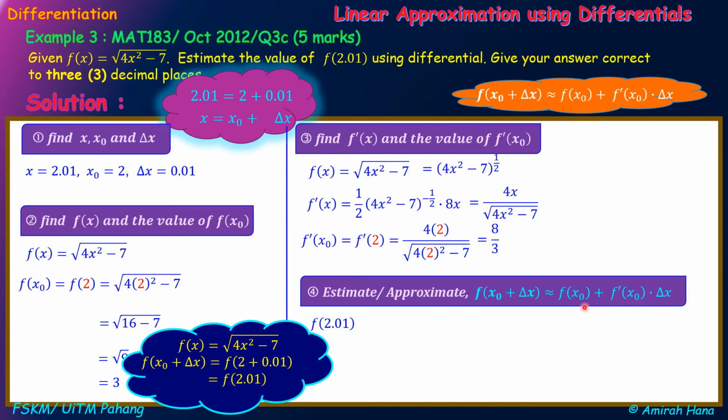Before that, f of 2.01 is actually f of x naught plus delta x, because from f of x equals square root of 4x squared minus 7, we can write f of x naught, where x naught is 2, plus delta x, which is 0.01. When we simplify, we have 2.01, so we get back the question.